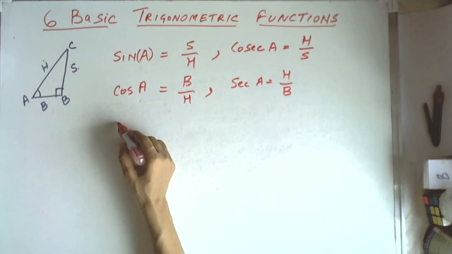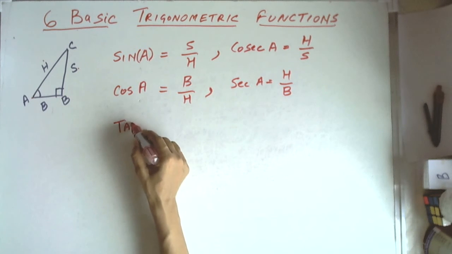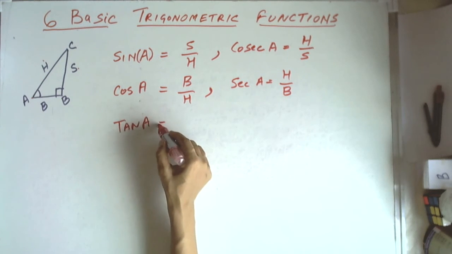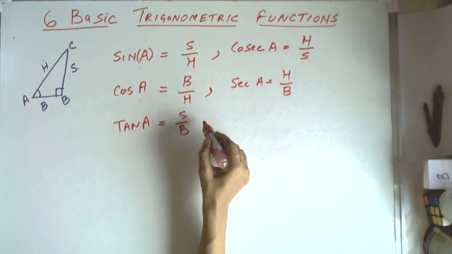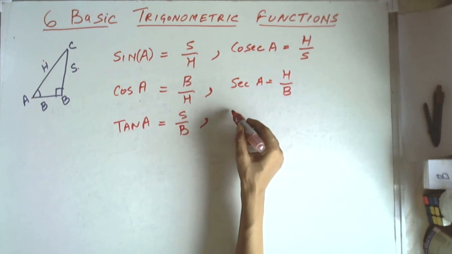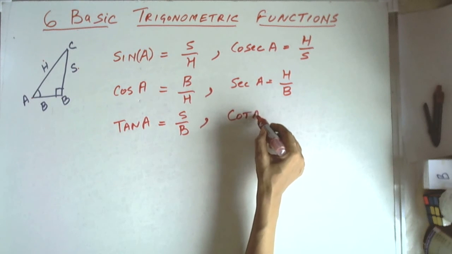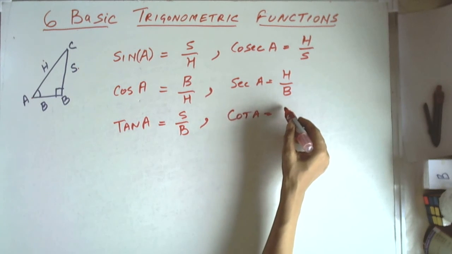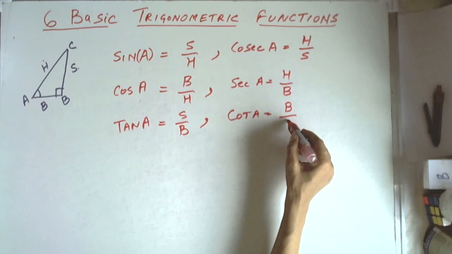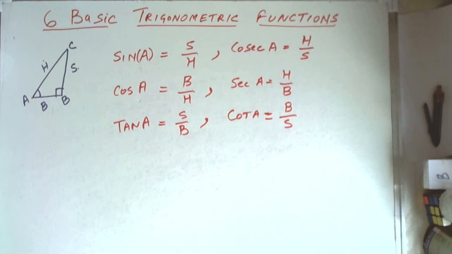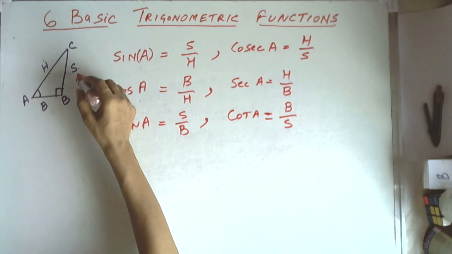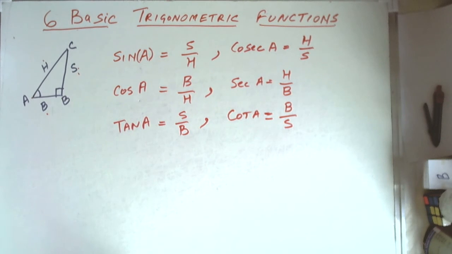The third is tan A, which is side over base, and the reciprocal of that is cot A, which is base over side.